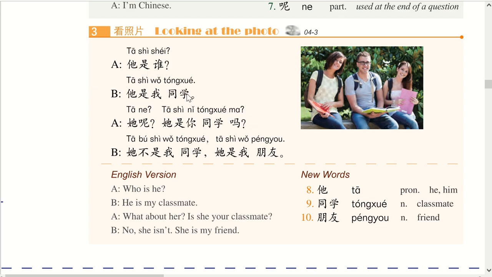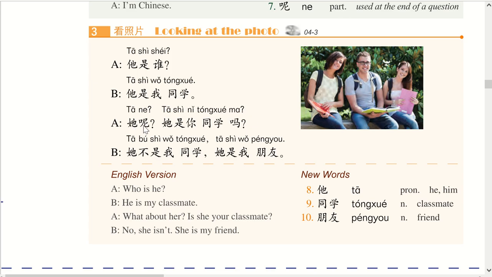He is my classmate. 同学 means classmate. 她呢? What about he? Sorry, what about she? Because this 她 is for female. I'm so sorry for that, because sometimes we are confused in these areas, because the pronunciations are the same, but the Chinese characters are different. So that's why.